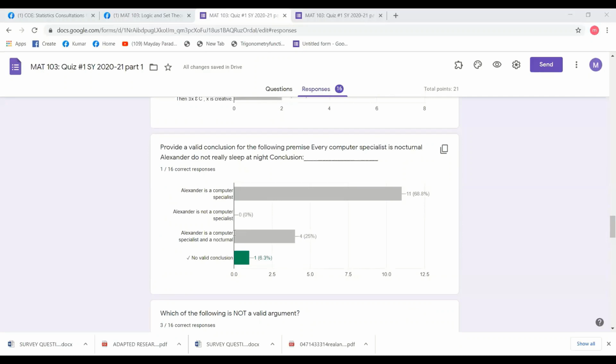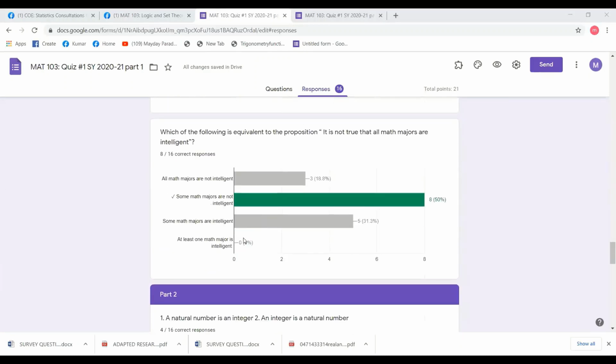Is that under modus ponens? Modus ponens is if P then Q, then P, so the P there is positive. So it should be that Alexander is a computer specialist, but it's not stated there. So it is not modus ponens. Therefore, there is no valid conclusion here.